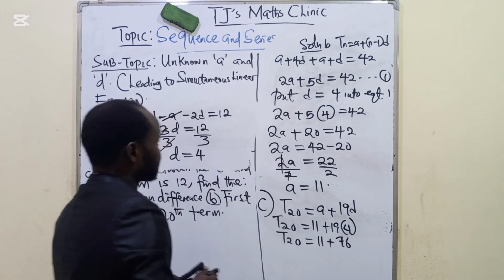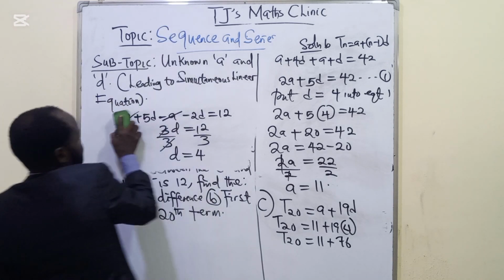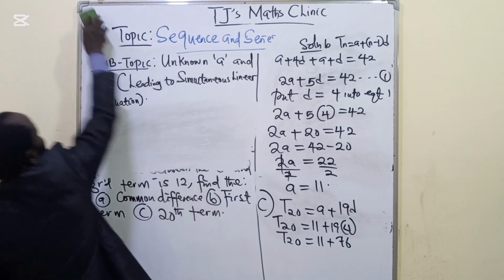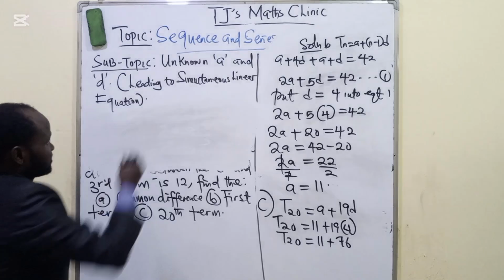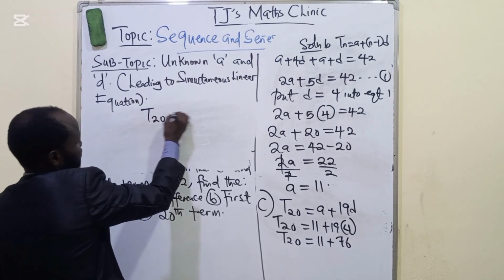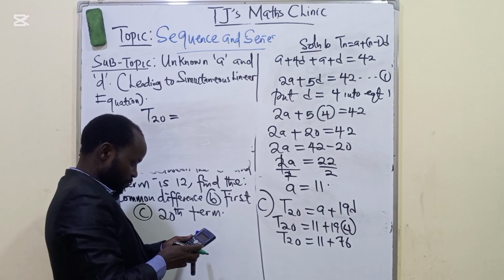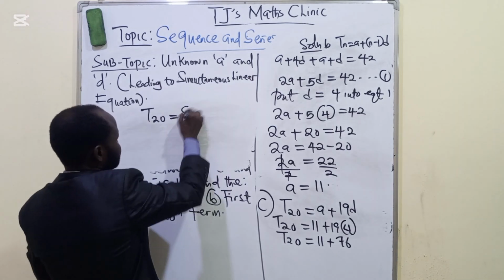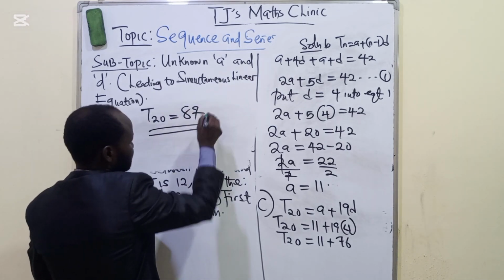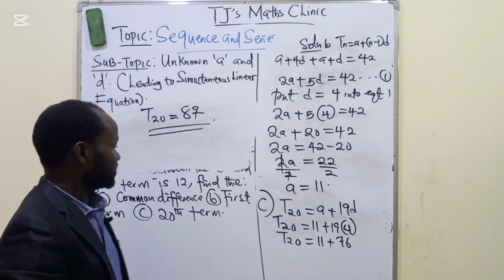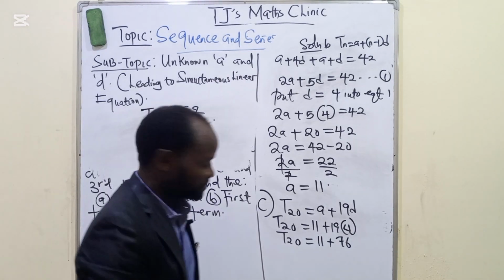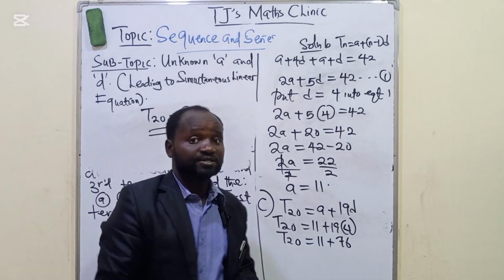So the 20th term, which is T20, will be equal to 11 plus 76. What do we have? We have 87. So this will be the solution to C. We are asked to find the 20th term. The 20th term is nothing but 87.